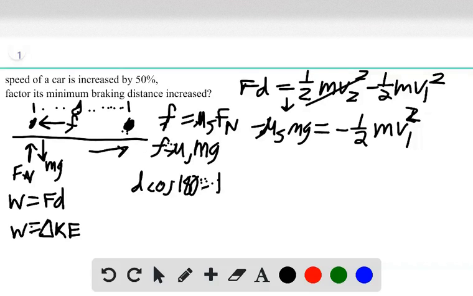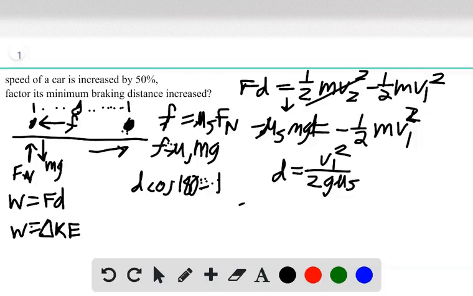Okay, so, forgot my d here, distance there. All right, so solving this whole equation for d, you get d equals v1 squared over 2g mu s.